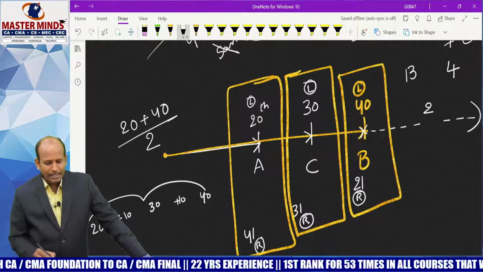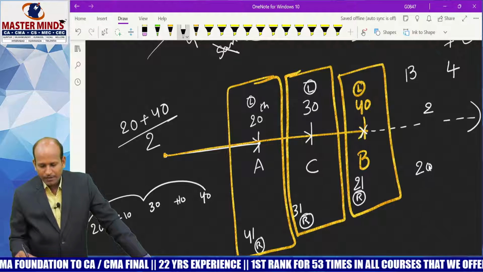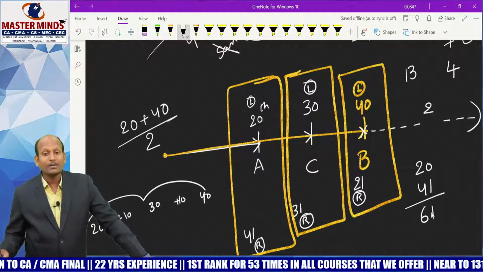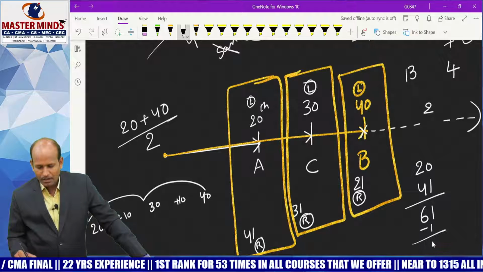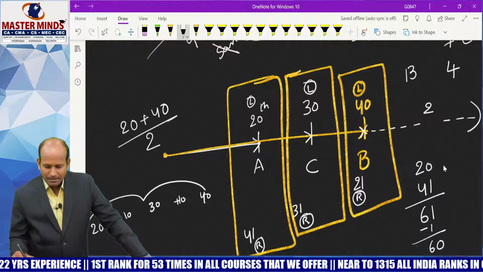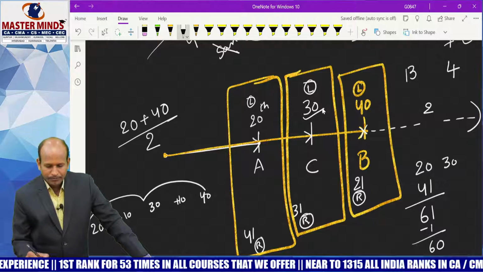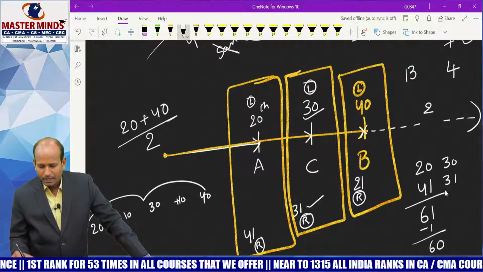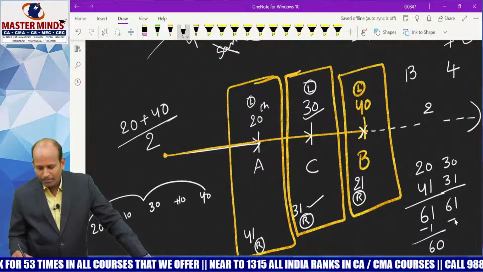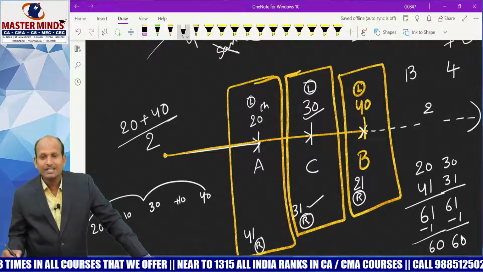Sir, if you add A's two ranks, A is 20 from the left, 41 from the right, 61. But A is included two times, minus 1, total strength 60. If you add C's ranks, 30 from the left, 31 from the right, 61. C is included two times, minus 1, total strength 60.